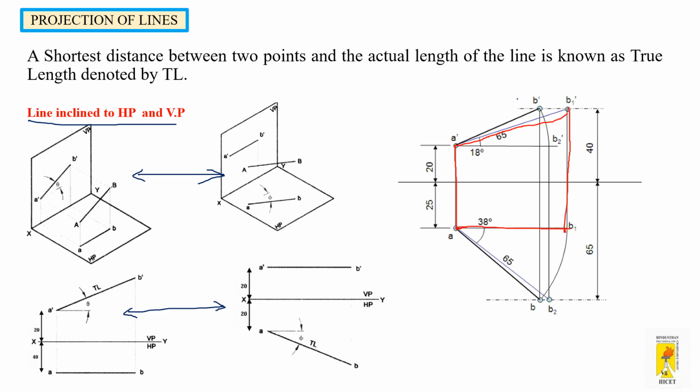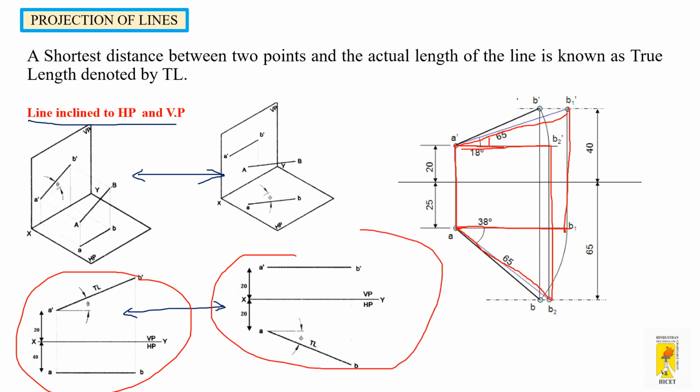This portion is nothing but this one, and this portion is nothing but this one. So these two portions are clipped together, and it forms a structure like this.